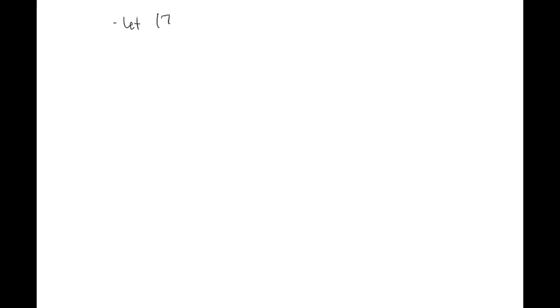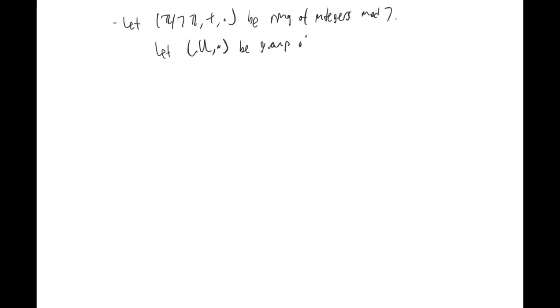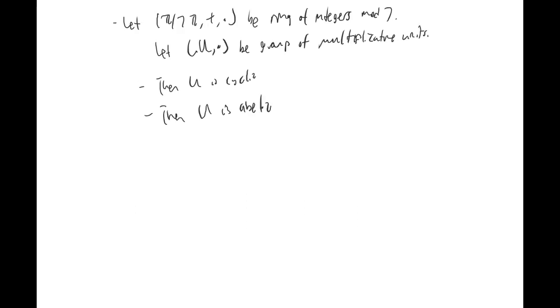Let Z mod 7Z under plus and times be the ring of integers mod 7, and let U under multiplication be the group of multiplicative units. The first question: U is cyclic, then U is abelian. Both are true, yeah.